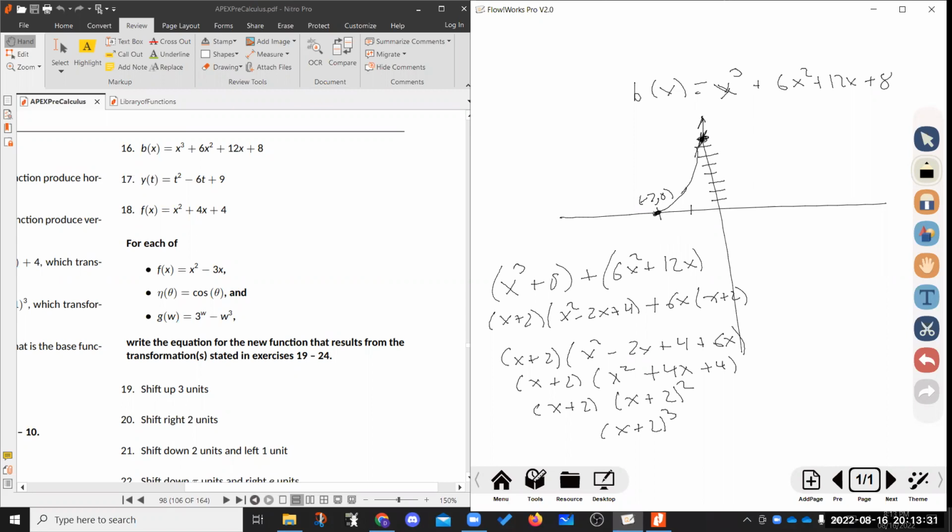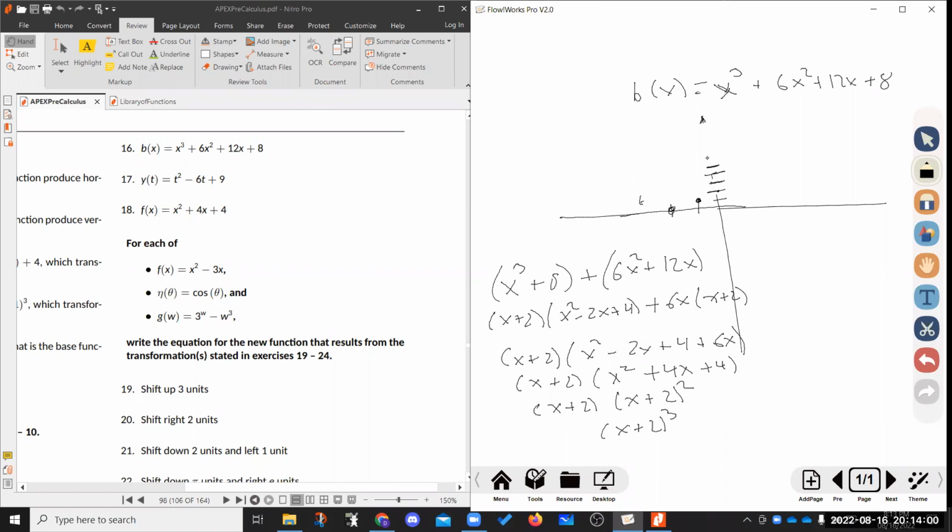We would have 1 to the right, 1 up. So I kind of made that grow a little too quickly there. Go 1 to the right, 1 up, 2 to the right, 8 up. Or I'm sorry, 2 to the right, yeah, 8 up.